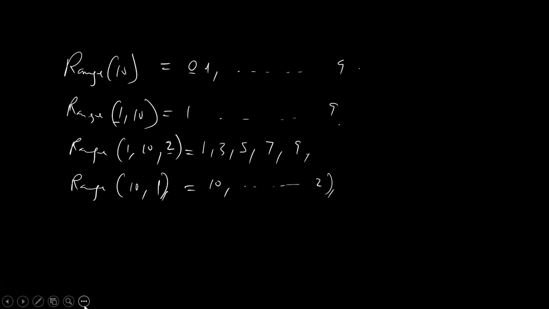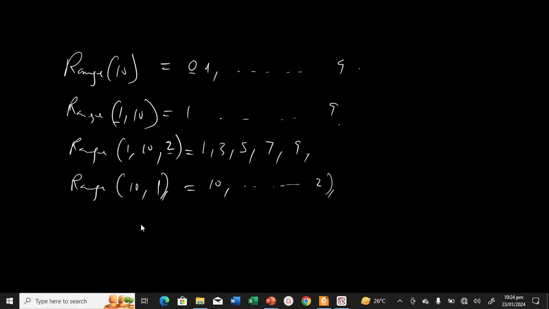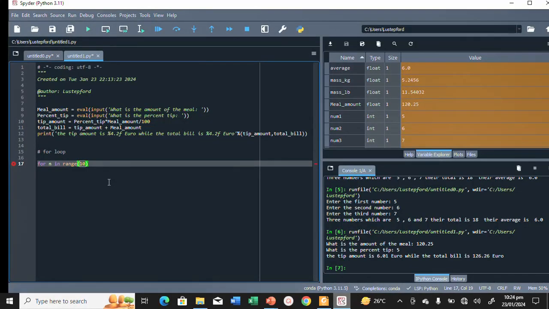Now let's go to the software again. After writing this, there should be a colon that ends it. This for loop is like a block of code. The header of the block of code is the first line, the for statement.